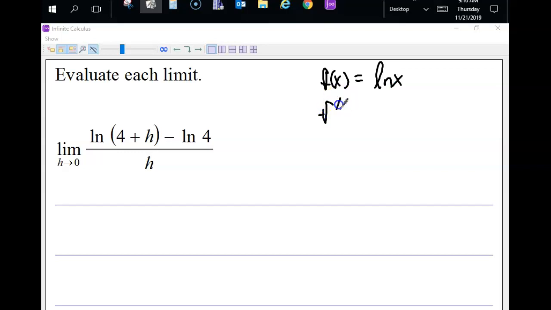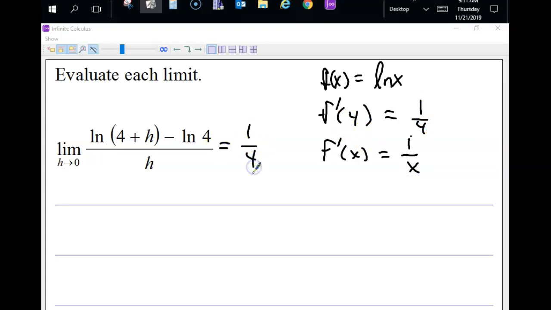We're finding the derivative at what value? 4. Amanda, what is the derivative of ln of x? That's the final answer. But the derivative of ln of x is 1 over x, right? And so when you find the derivative at 4, it would be 1 over 4, and therefore that's what this limit would be. Okay?